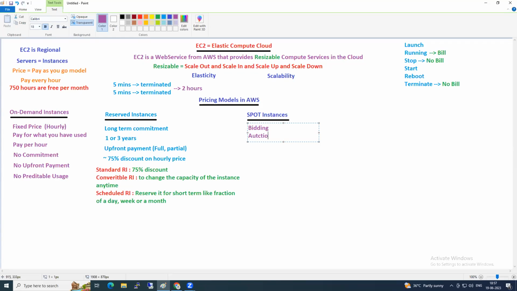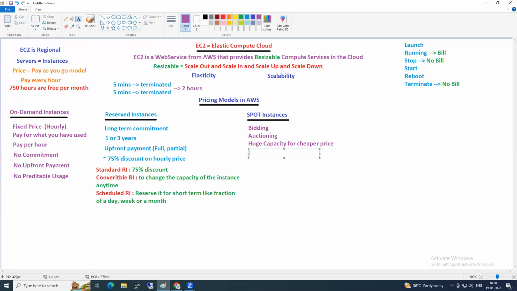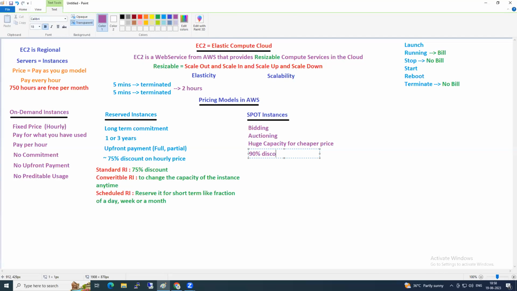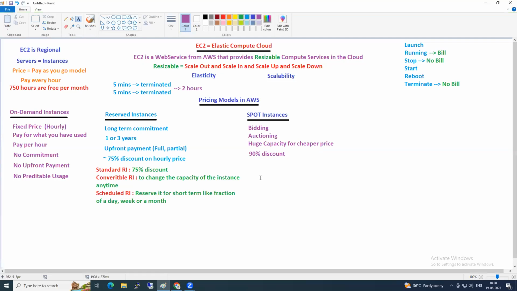And if you want to get huge capacity for a cheaper price, then go for it. You know how much discount you get if you go for spot? Almost 90% discount.